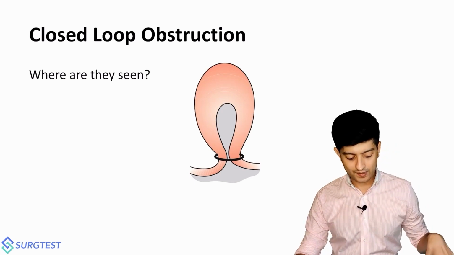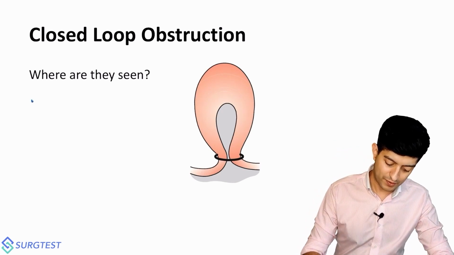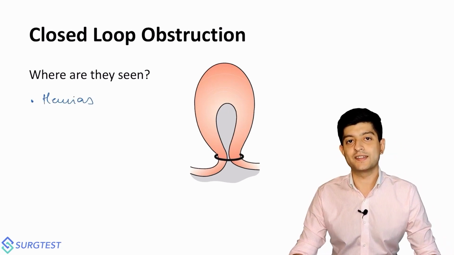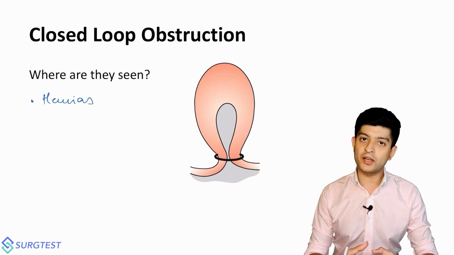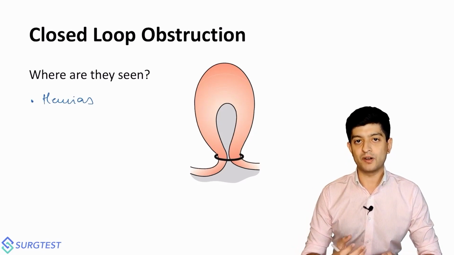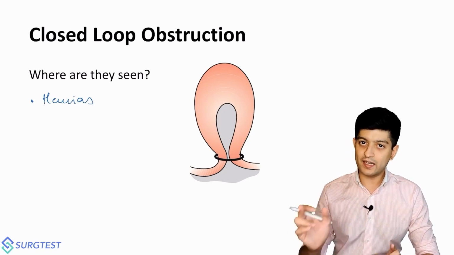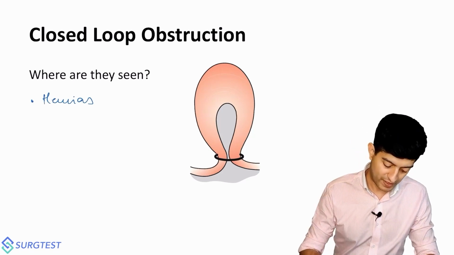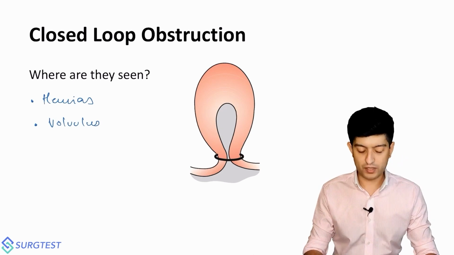Where exactly are closed loop obstructions seen? Well, the classical example is hernias, be it internal or external hernias, right? The orifice itself lands up entrapping all of the bowel within it. So the bowel is stuck at its proximal and distal end, and that entire bowel length within the hernia, the enterocele, acts as a closed loop. The other place is a volvulus.